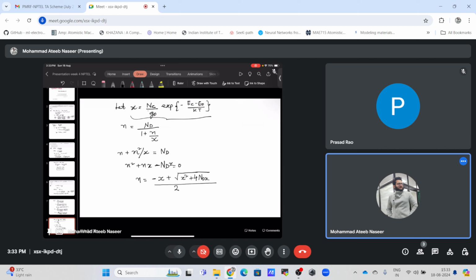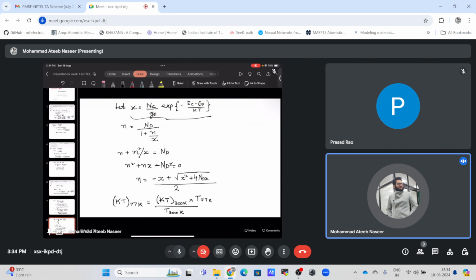So kT needs to be found out at 77 Kelvin, and it is simply kT at 300 Kelvin, into temperature of 77 Kelvin divided by temperature of 300 Kelvin. It's just the other way around. I have not used the values of k and T to calculate kT at 77 Kelvin.